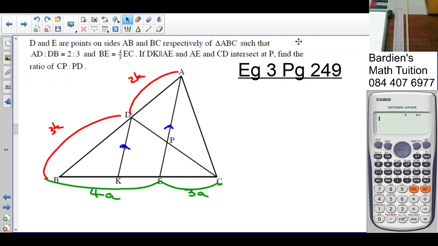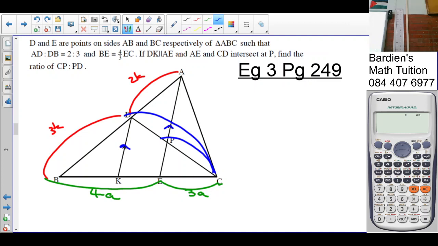So they intersect at P. Find the ratio of CP is to PD. So they want you to find the ratio of CP, which is this length here, is to PD.